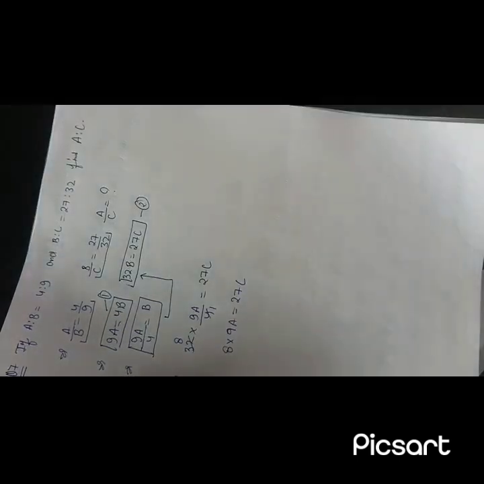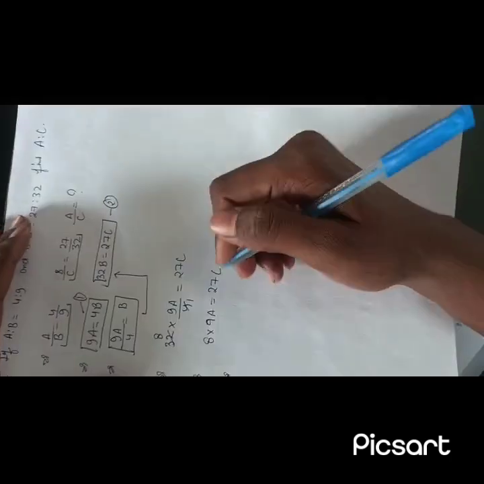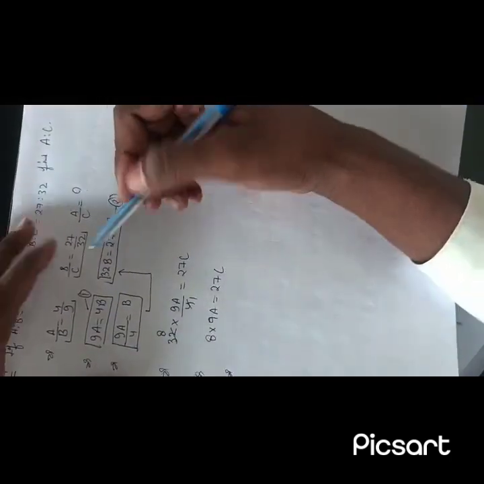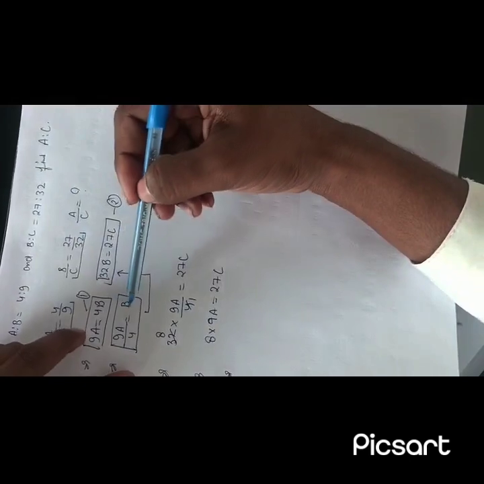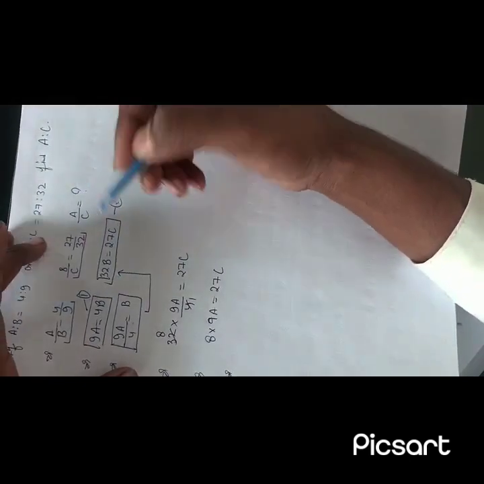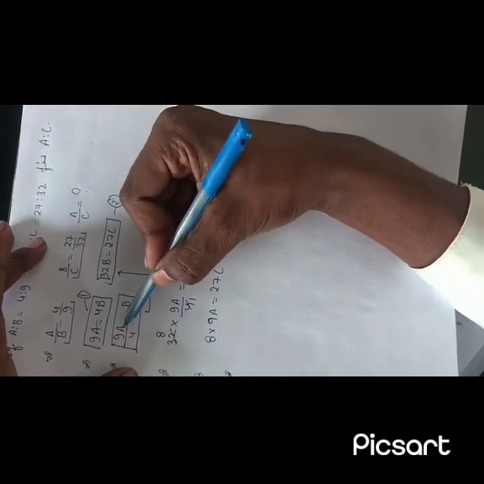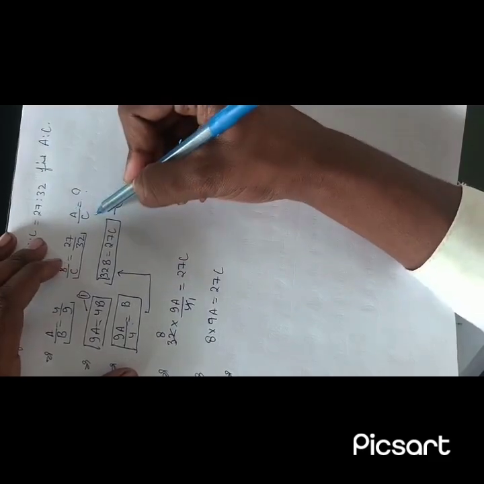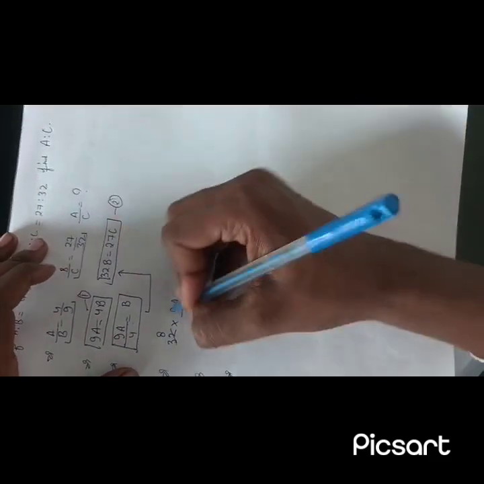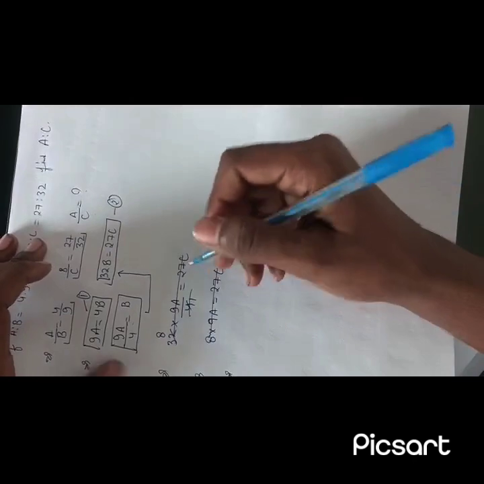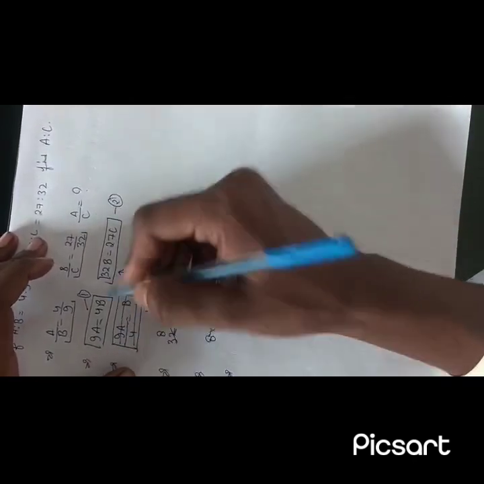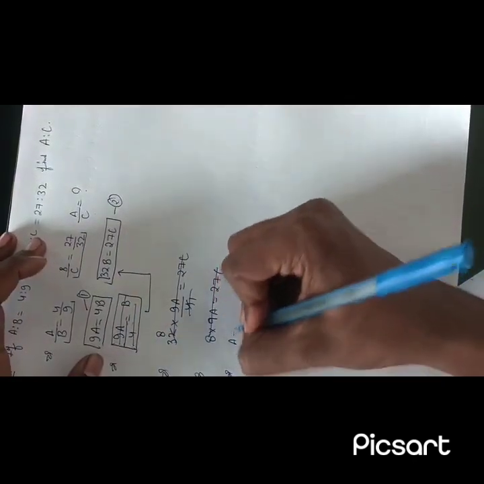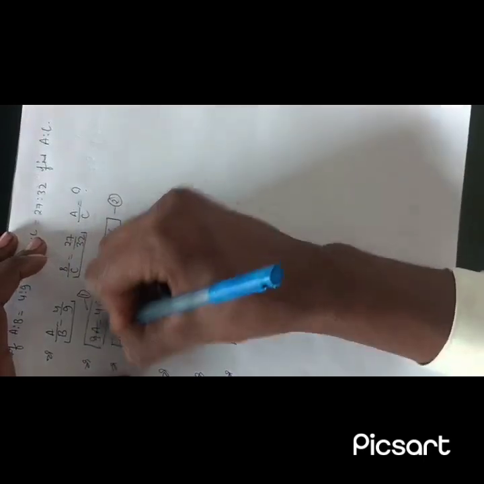Okay, one thing we have done wrong over here. We have taken the value of b, but we have to take the value of a, because we have to find a and c. So this was some mistake, so again we have to do this. Remove these two equations.